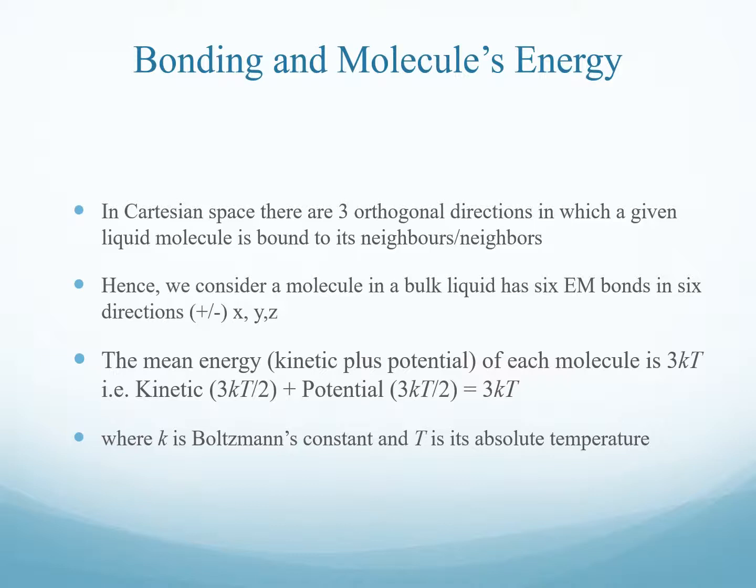The mean kinetic energy plus potential energy of each molecule is 3 kT. This is based upon kinetic theory, whether it be mine or the traditionally accepted one. 3 halves kT is the kinetic, and 3 halves kT is the potential.